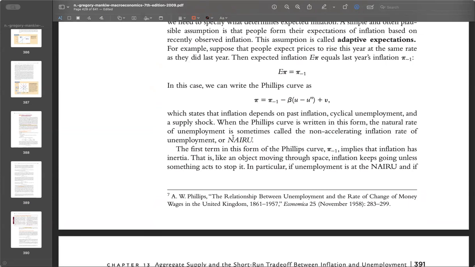The natural rate of unemployment is sometimes called the non-accelerating rate of unemployment. It's called non-accelerating because if you move this term, which is the expected inflation or last period's inflation, to the left-hand side, now you will have pi minus pi of last period, or the change in inflation.